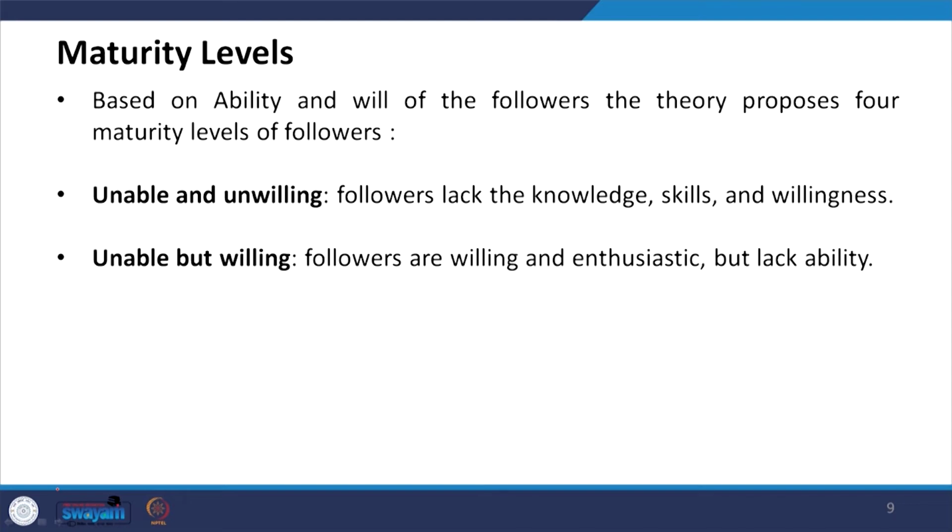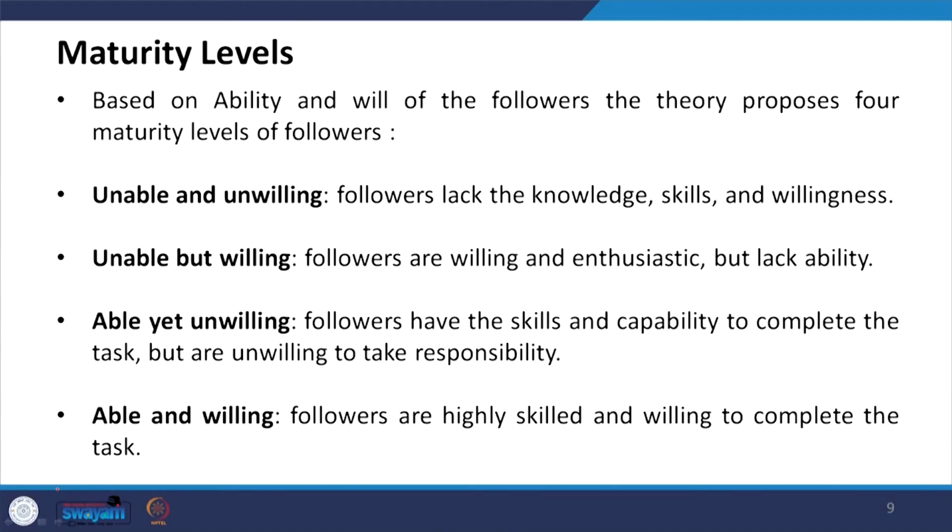Unable but willing: followers are willing and enthusiastic, but lack the ability. As I have mentioned earlier also, for unable but willing it is the selling style, able yet unwilling is the participating style, and able and willing is the delegating style. So, this is where the maturity levels are. Now, let us take an example of the new employee.